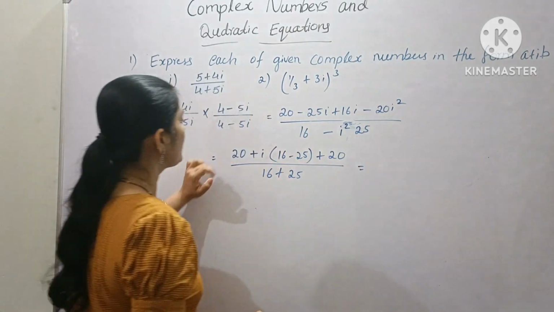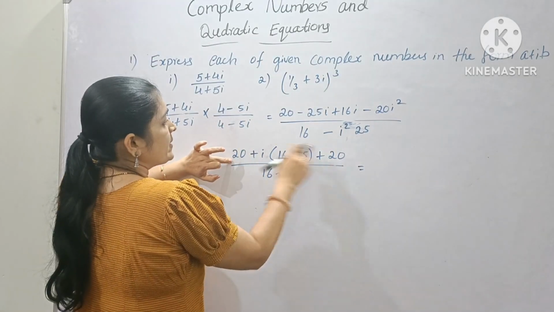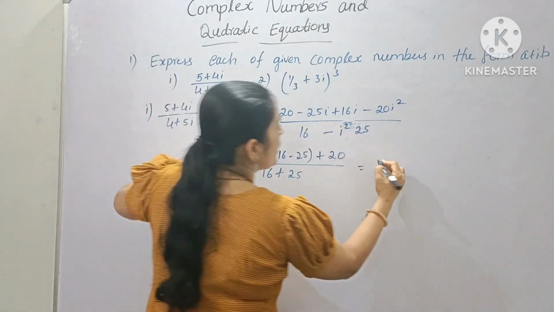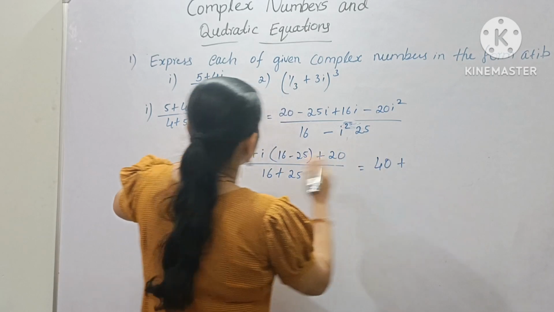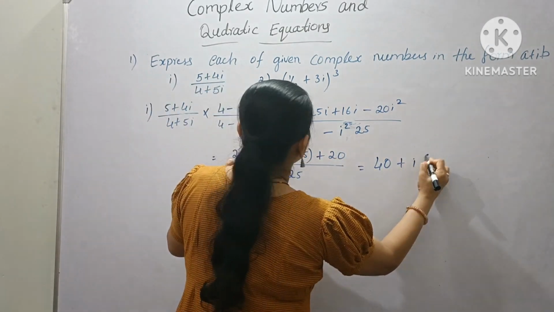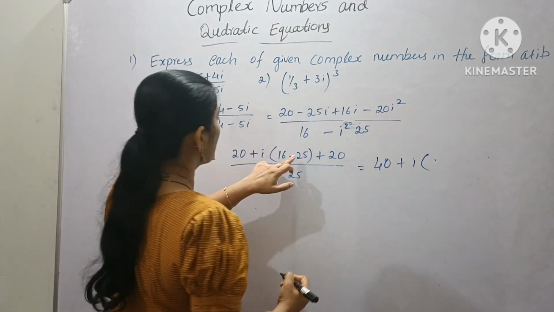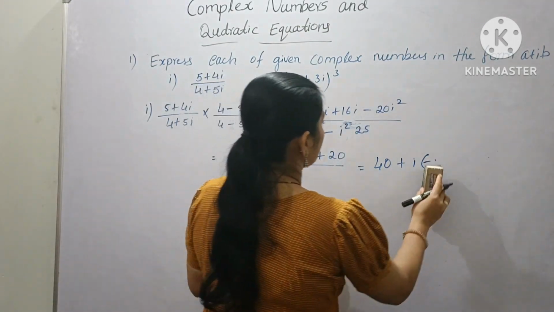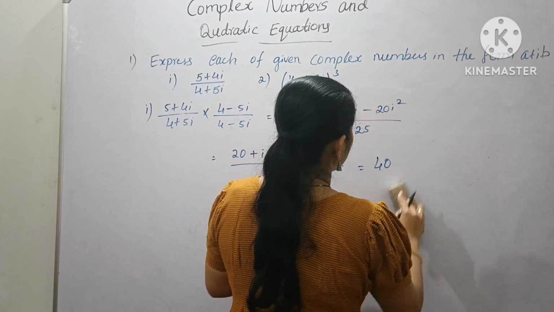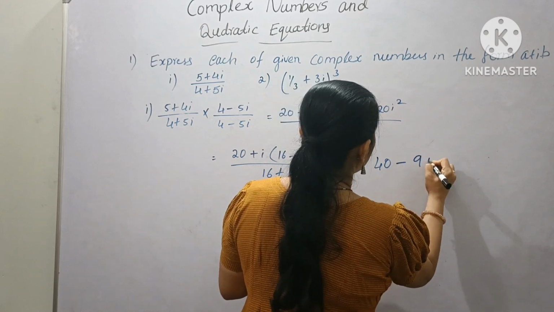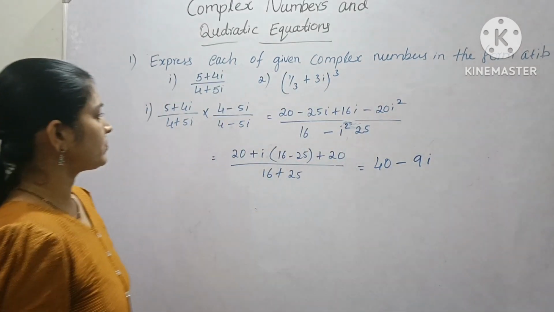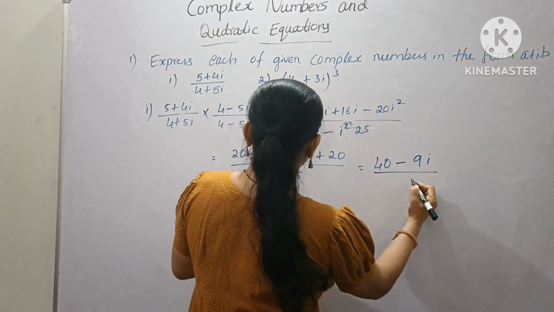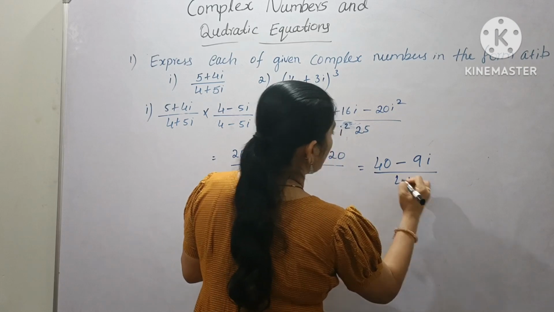Here let us take the real part together, real numbers 20 plus 20, 40, plus i into 16 minus 25, that is −9. So it will become −9i, divided by 16 plus 25, that is 41.